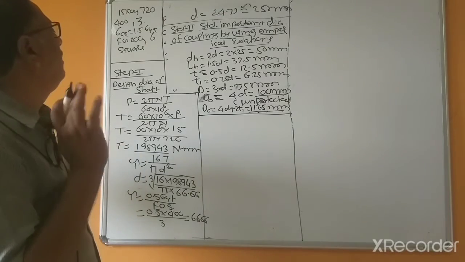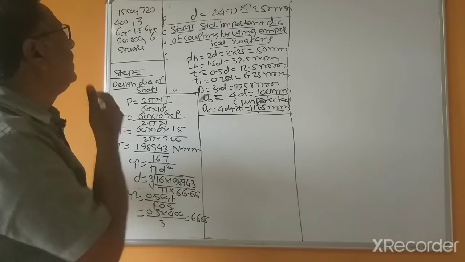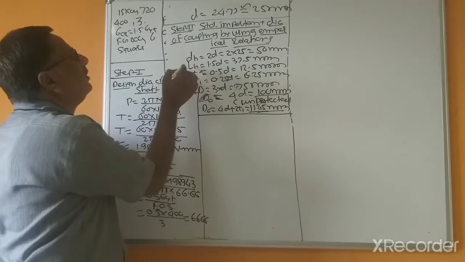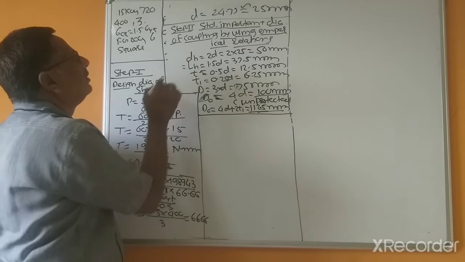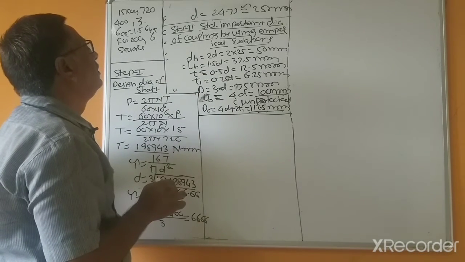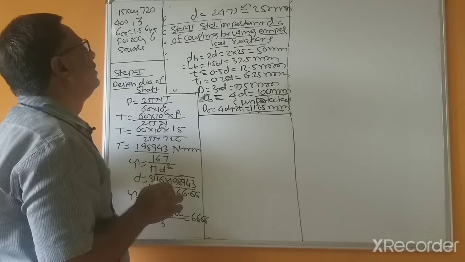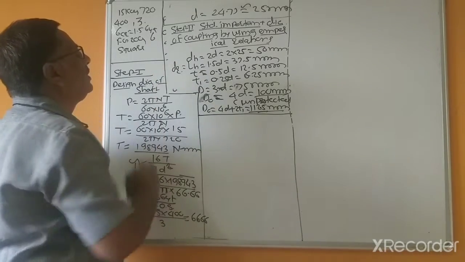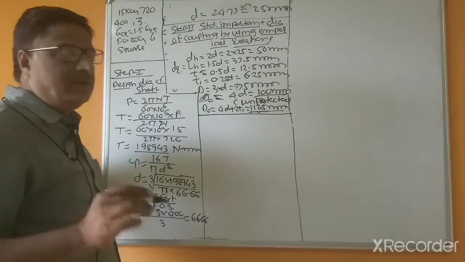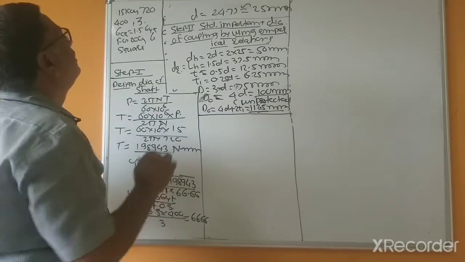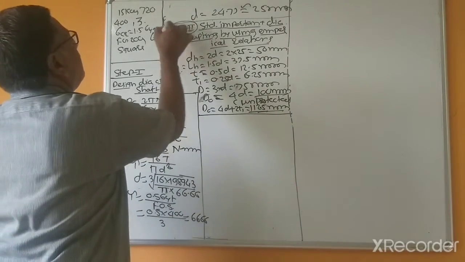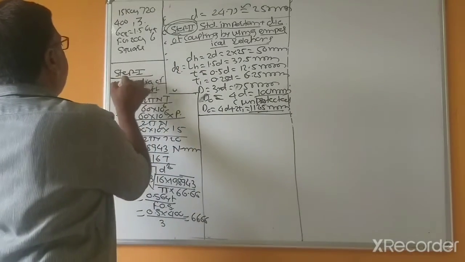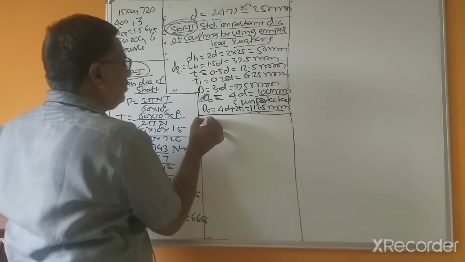I think all dimensions are over, and this is the length of the hub. Diameter of the pitch circle, I think that is over. This is step second, this is step first. Now step 3.